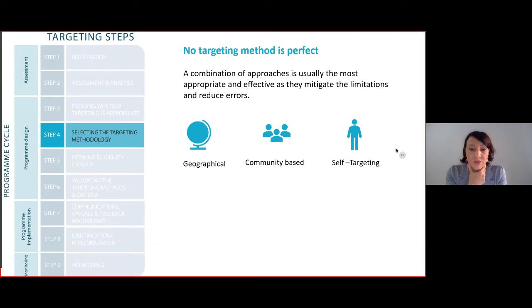If the resources are not there, we also need to consider that prioritization instead of targeting could be an option. But if targeting is not appropriate in that context, for that specific group, blanket assistance should be the option.